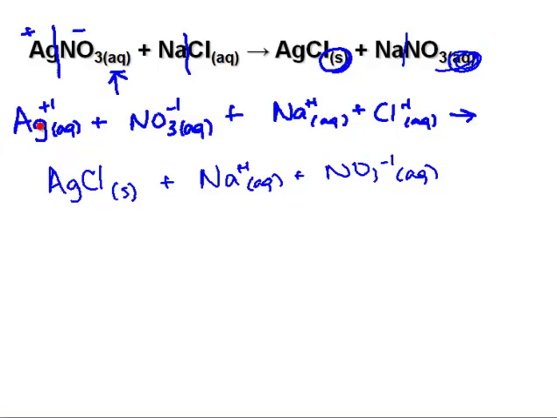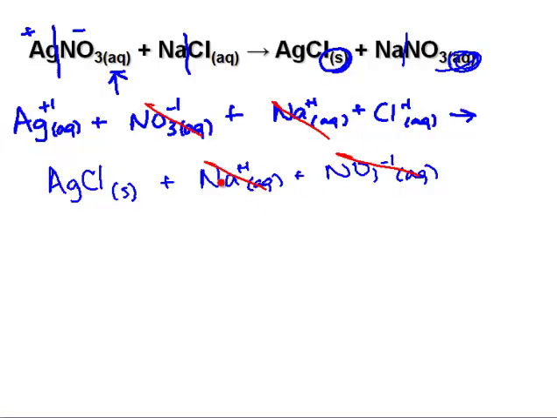Now, what happens is this. Whatever is the same on the reactant side as the product side, I basically get rid of. Silver plus 1. Oh, there's no silver plus 1 over here, so I can't get rid of that one. NO3 minus 1 aqueous. Right here, NO3 minus 1 aqueous. I cancel them out. Na plus 1 aqueous, Na plus 1 aqueous, I crossed it out. Cl minus 1 aqueous.